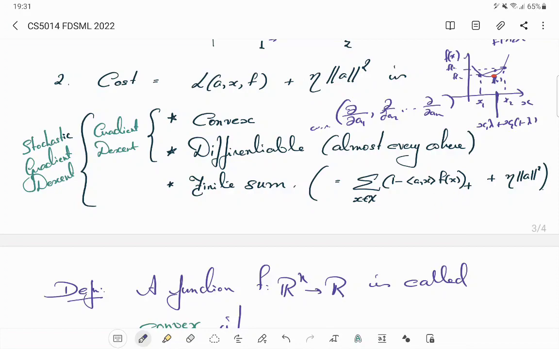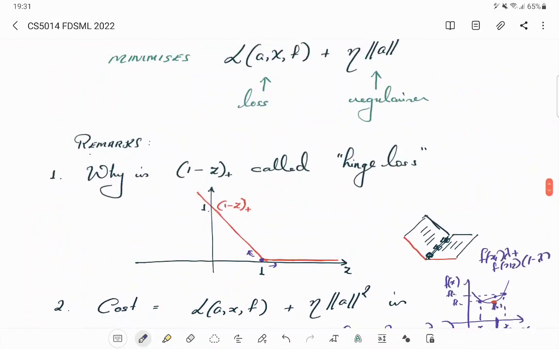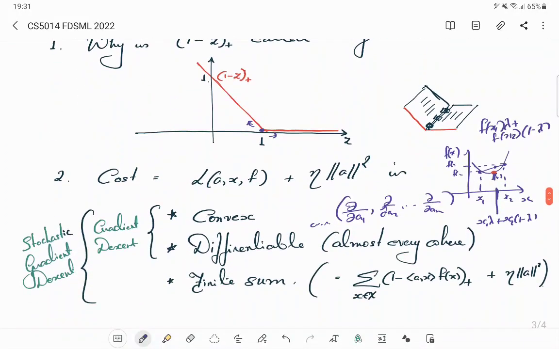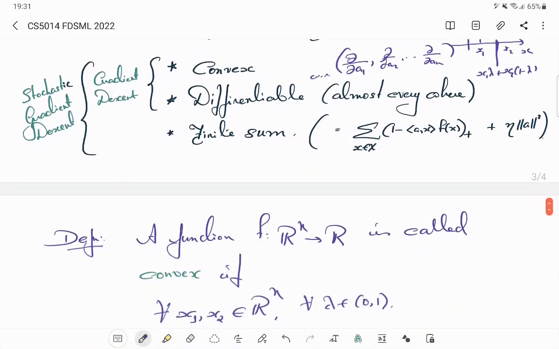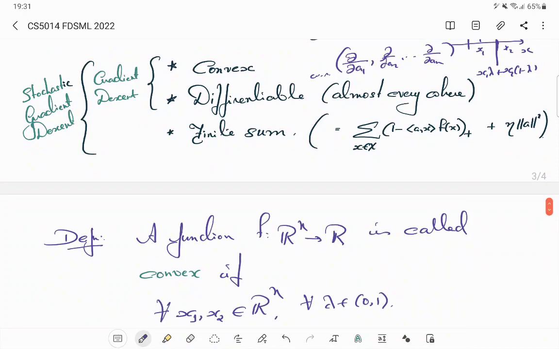It looks very counterintuitive as to why it will work, but this is the idea behind stochastic gradient descent, and because of the finite sum nature of this gradient, you can use stochastic gradient descent. Okay, so that is how SVM is usually solved in practice.